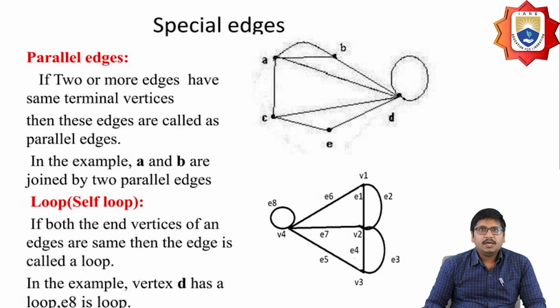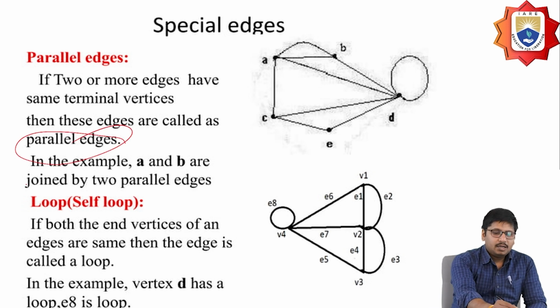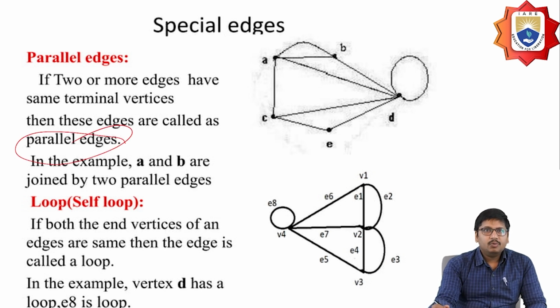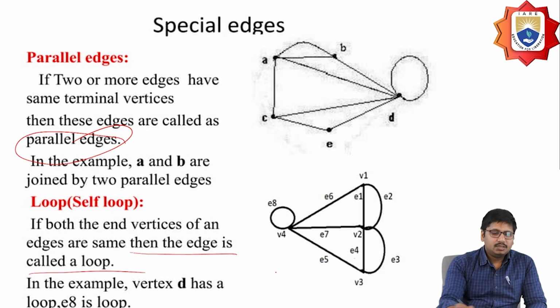And special edges: we have parallel edges and loops as well. If between a pair of vertices there are two or more edges, then these edges are said to be parallel edges or multiple edges. Similarly, if both endpoints of an edge are the same, then this edge is called a loop.